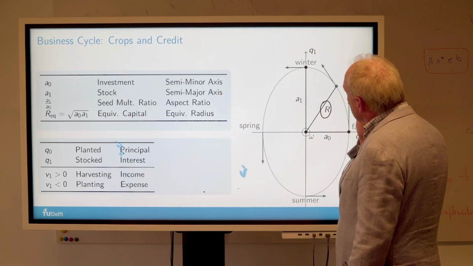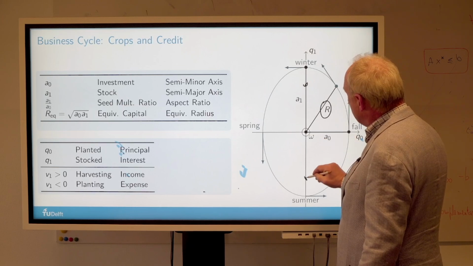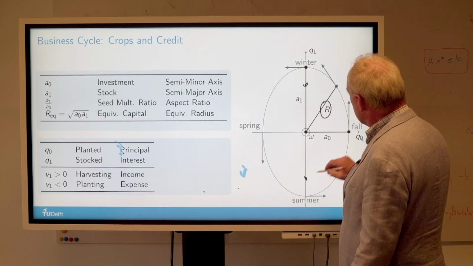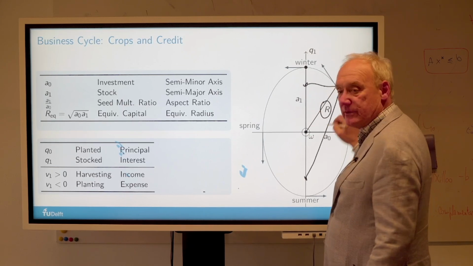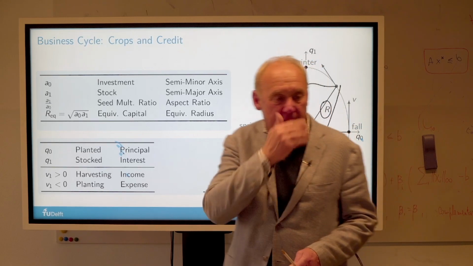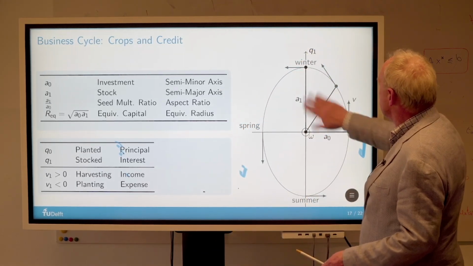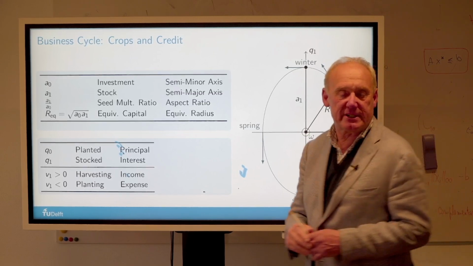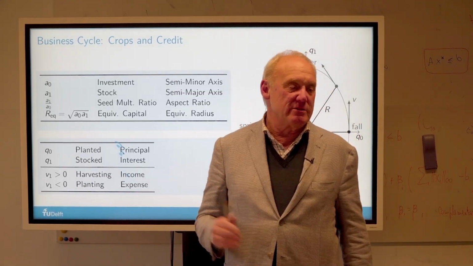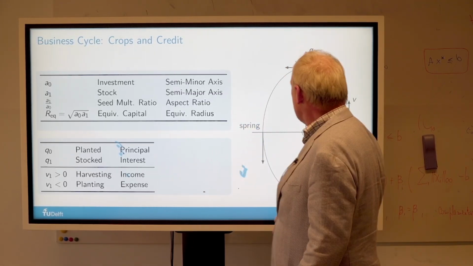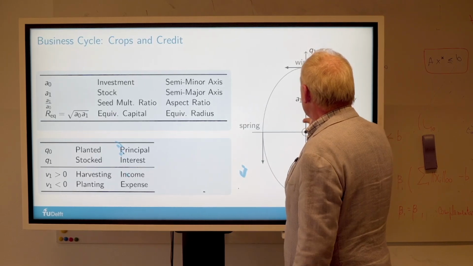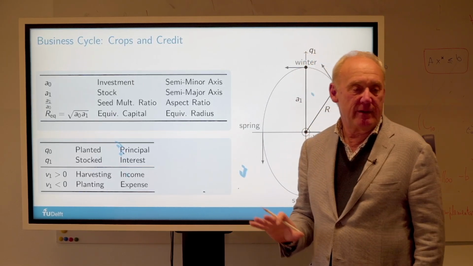Well, really, if you have an ellipse, you have these two foci, right? And if you have any point like this, you would draw this, and you take the sum to be equal, right? But you never get to a sort of radius that can serve as a measure of how much capital is there. So what you typically do is to look at what circle would have the equivalent area.